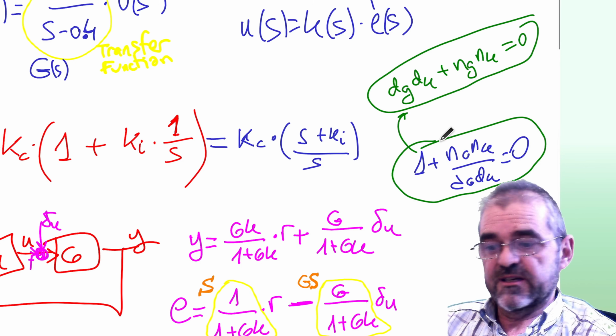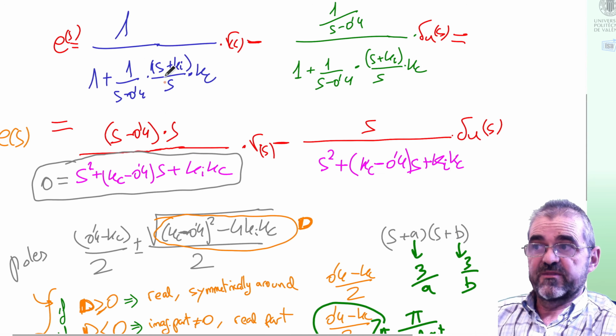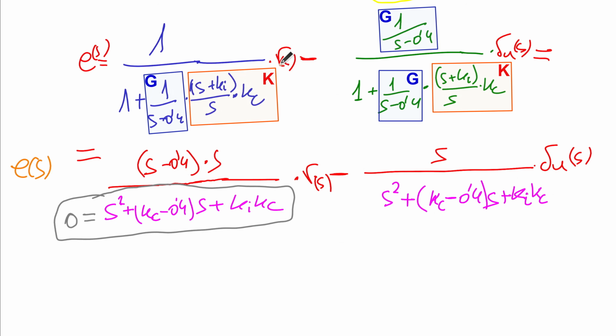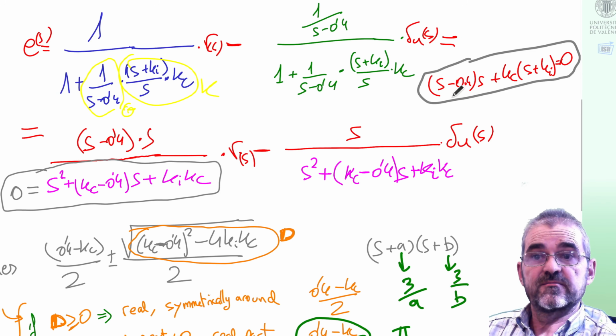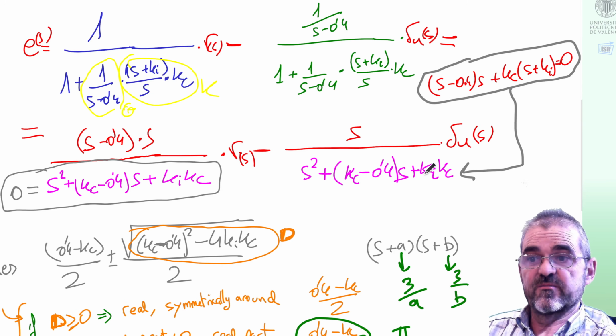So in this particular case, we obtained the error from set points and input disturbances, and multiplying by s(s - 0.4), the characteristic equation, this was G, this was K, ended up being this expression, which, suitably grouping terms as a polynomial in s, has this form.